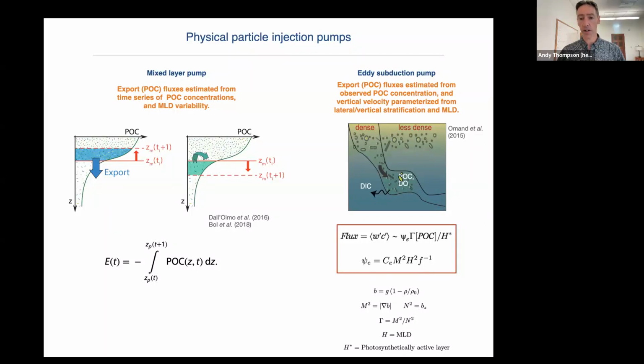M² and N² are the horizontal and vertical density gradients respectively. You also need information about the mixed layer depth. And I'll just point out that there is this parameter gamma, which is the ratio of M² to N², which is equivalent to the isopycnal slope. It's the slope of these isopycnals that can have a really strong impact on how deep this particulate matter can be carried into the interior through the eddy subduction pump.